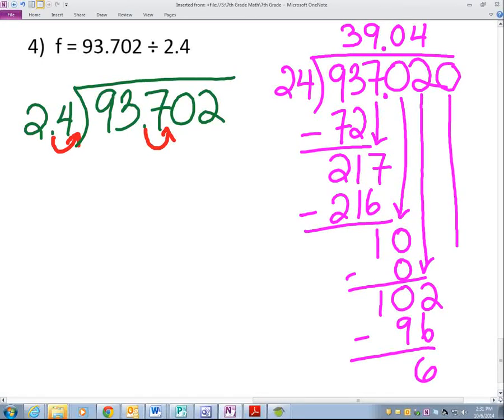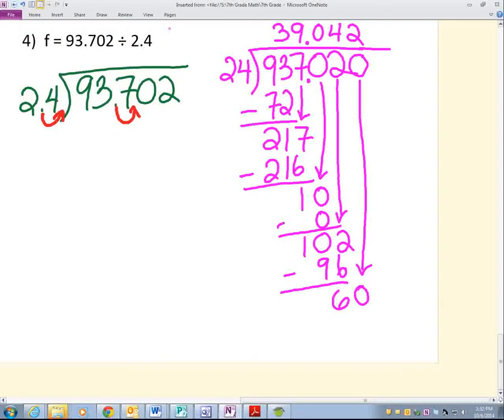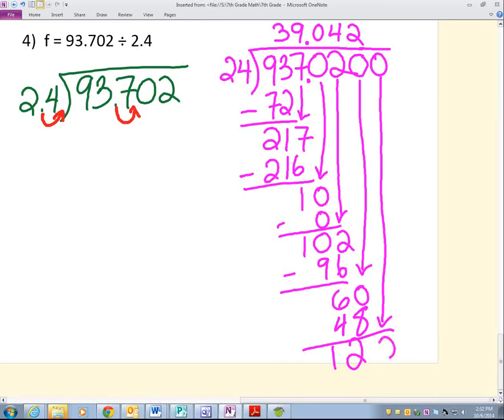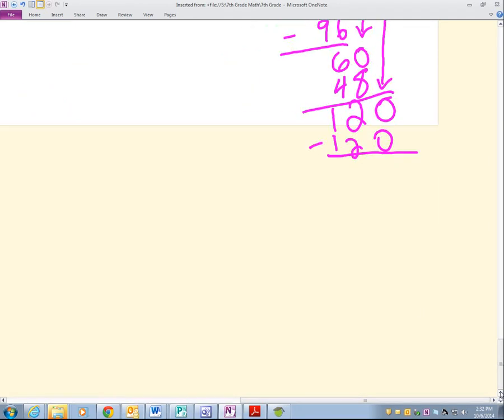Any decimal points? 0. 24 goes into 60 2 times, which is 48. 12. 24 does not go into 12, so I have to bring this one down. 0. 24 goes into 120 5 times, nice and easy, which ends up being 0. Good things to have zeros.